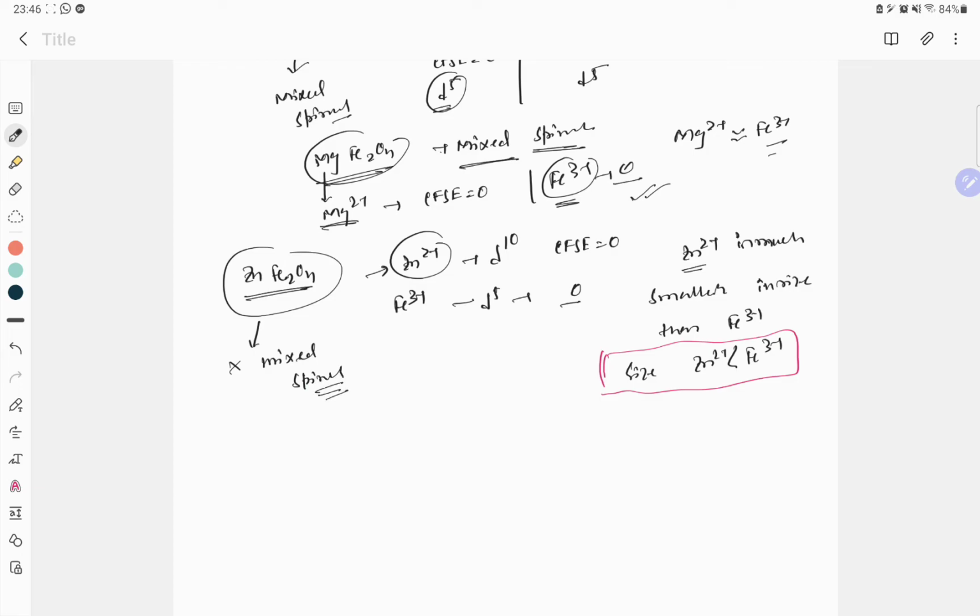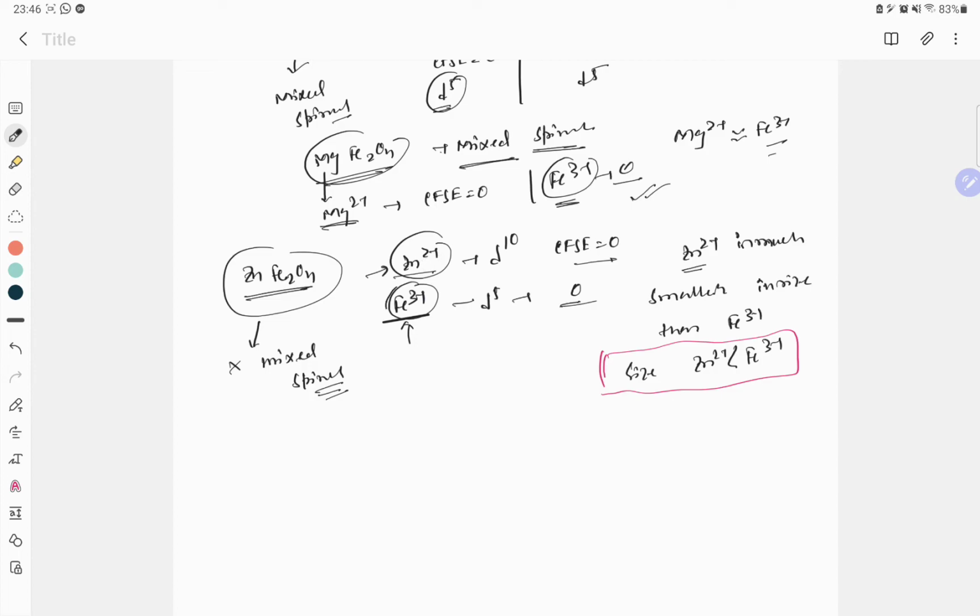So what is this? Zn2+ and Fe3+ both have CFSE 0. We learned in a previous video that the atom with higher charge density, here Fe3+ has a 3+ charge and Zn2+ has a 2+ charge.